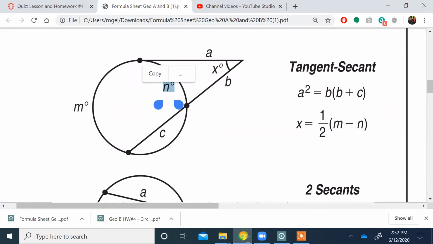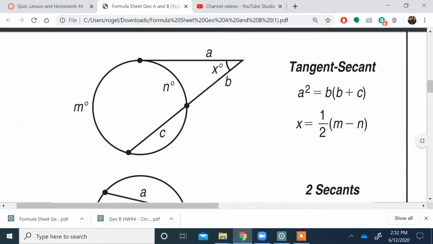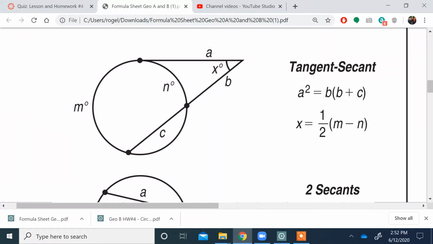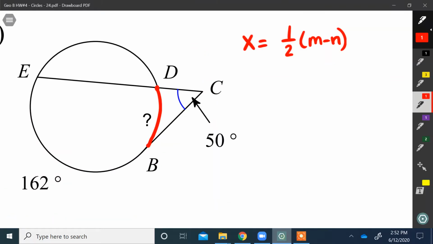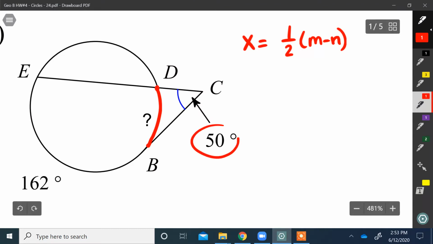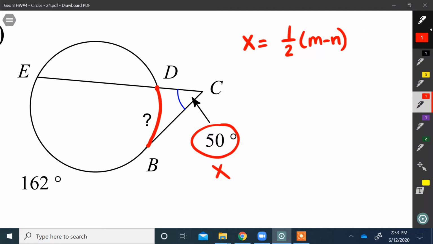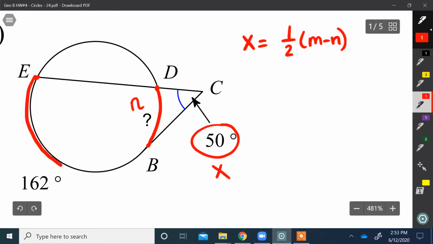So you have to recognize every single one of those parts. In here, this right here will be my x, this right here will be my n. So in reality we're looking for n, and this right here, from there to there, will be my m.